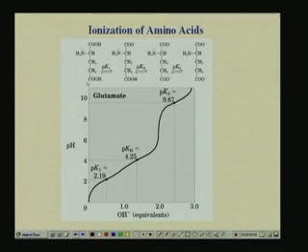This is the carboxylic acid part of the amino acid. This is my NH3 plus. At this point, all of them are protonated. Why? Because my pH is very low. So, at my low pH, at this region here, all of these are protonated.